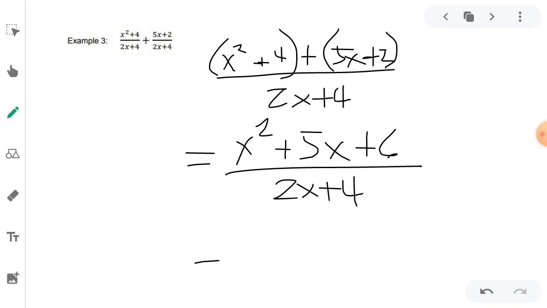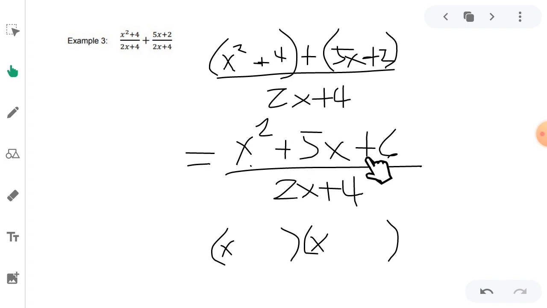So, paano natin i-factor yan? So, x squared plus 6. So, x times x is x squared. So, ano yung two numbers na kapag multiply natin is 6 and then kapag pinag-add natin is 5?